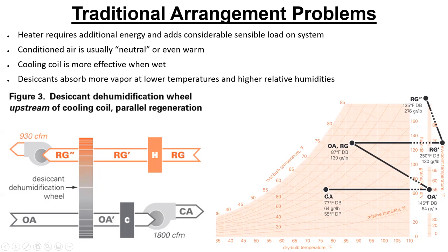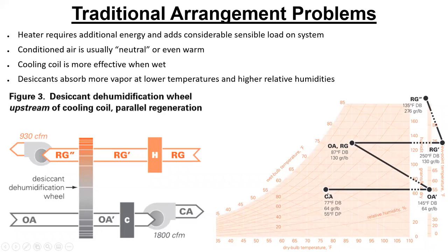And desiccants, and again, that should be adsorb, so change that on your slide, adsorb more vapor at lower temperatures and higher relative humidities. When you put that outside air across that coil, it's not the highest relative humidity.